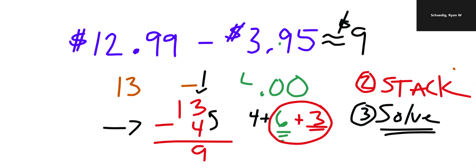And there you have it. Oh, and let's see, what did I do? I did an overestimation, actually, because this was 4, so I rounded up, and this was 13, and I rounded up. So the answer of about $9, when I actually do this math, would be a little less than $9 because I did an overestimation. My real answer would be smaller than my estimation.